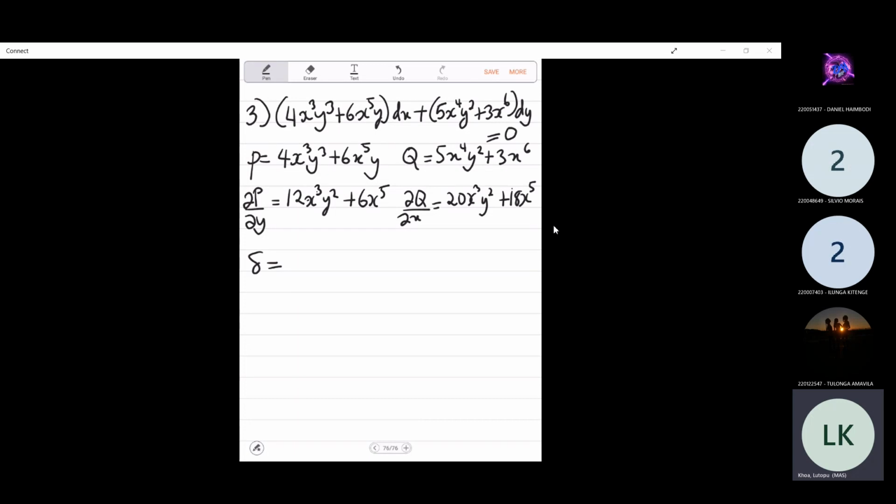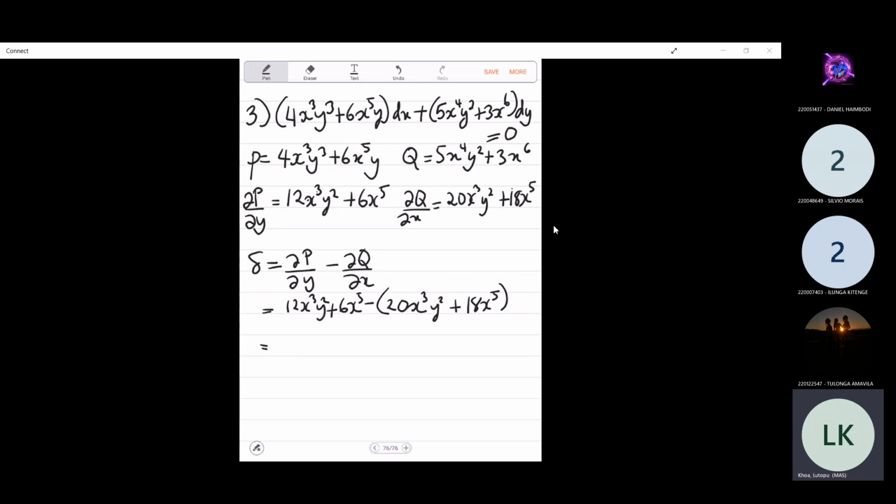Delta will be dp dy minus dq dx. This is 12 x to the power of 3 y squared plus 6 x to the power of 5, minus 20 x to the power of 3 y squared plus 18 x to the power of 5.